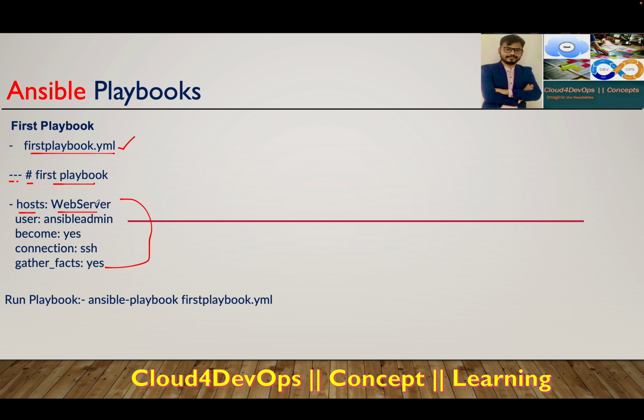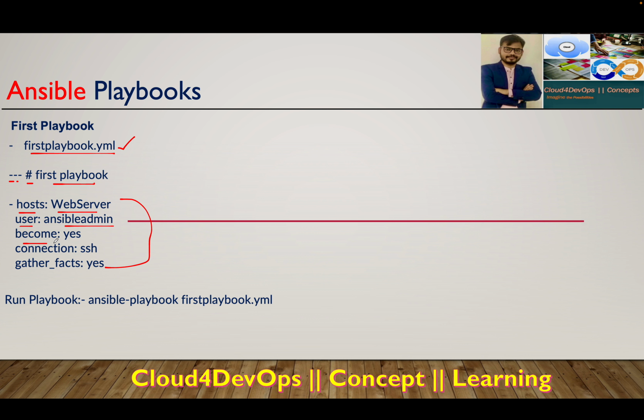So I'm using web server. You can also write the server IP address, FQDN, or a specific server. I'm using a group because it's better, so that you can list out multiple servers in one go. Which user? Ansible admin user. I'm not going to use any root user. Since the start, we are using the Ansible admin user, which has sudo privileges.